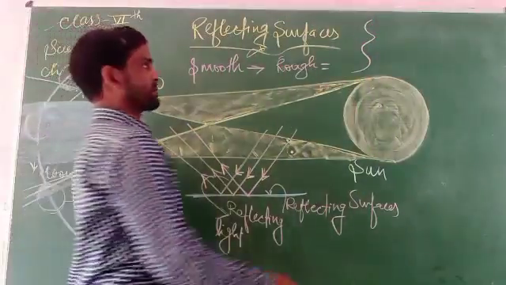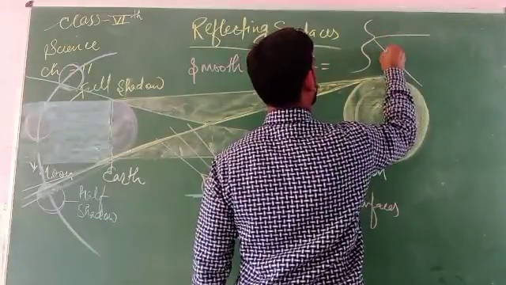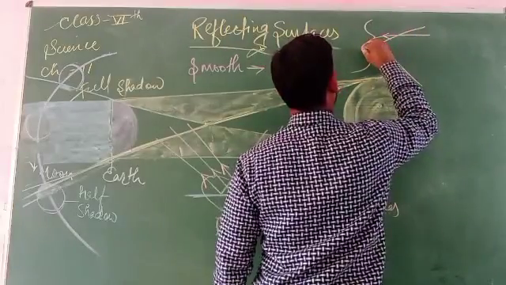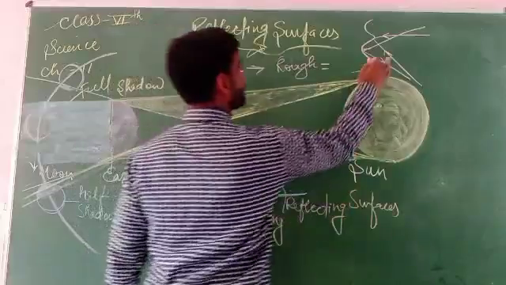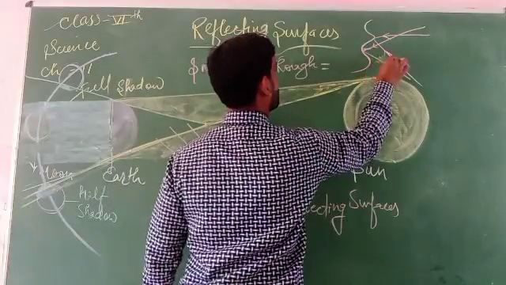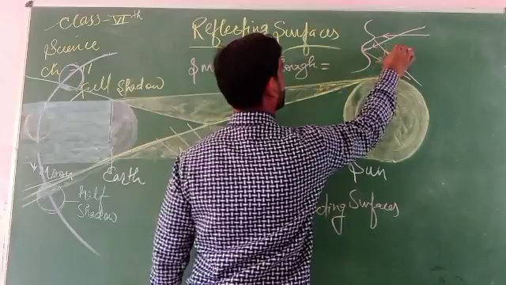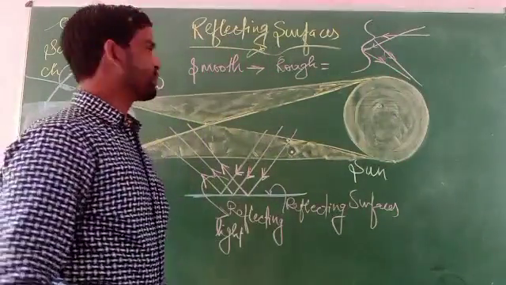From a rough or irregular surface, the light travels in diffuse directions.